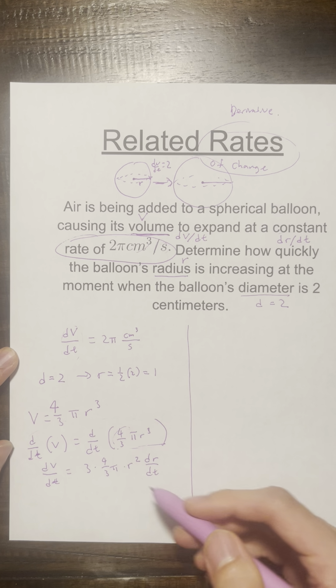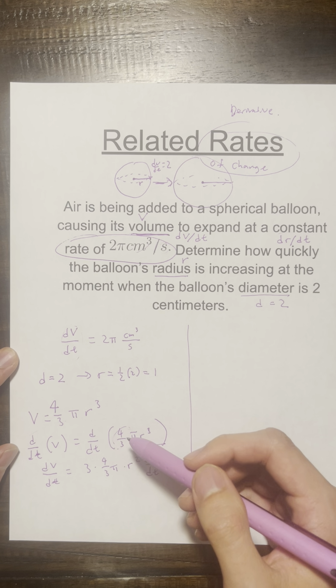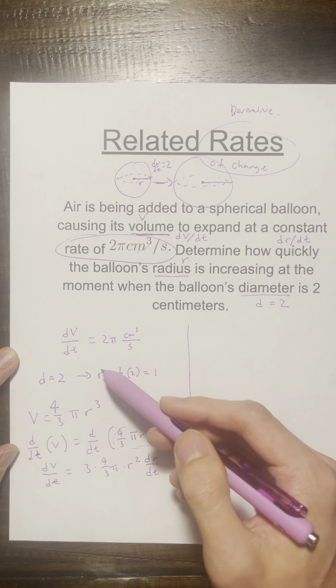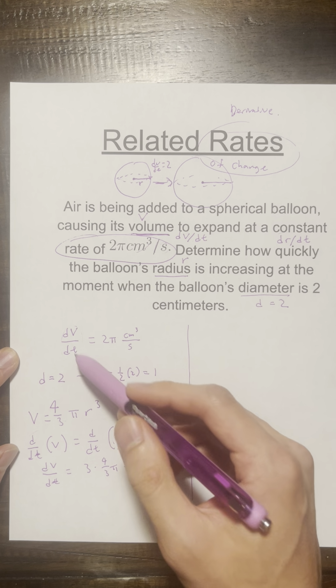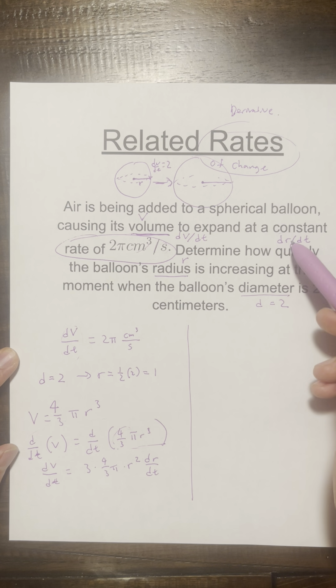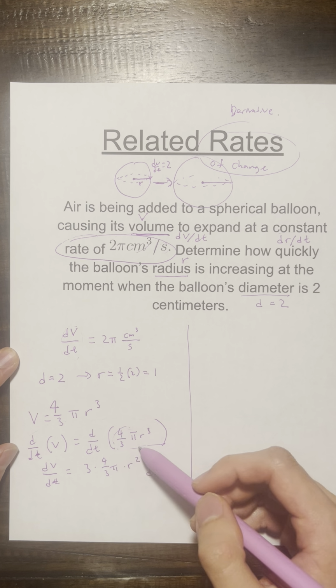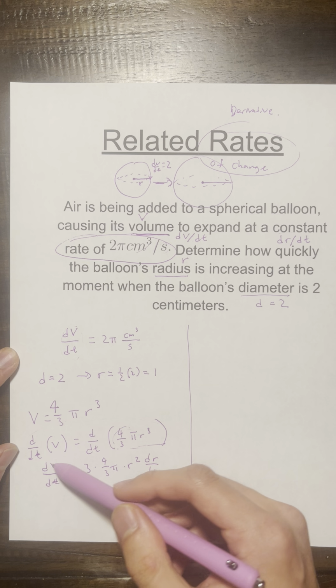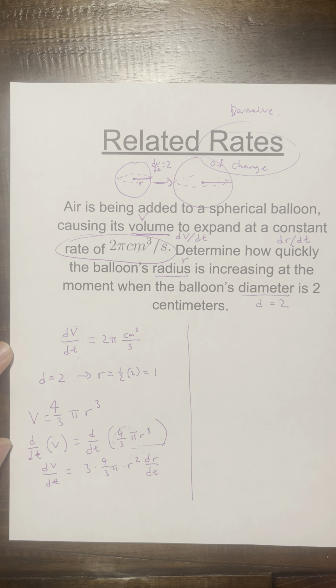So what did we just do? Basically, we had no way to use dV/dt, and there's no t here, right? So we couldn't use this, and we can't find this, because both of these have t in them. But once we took d/dt of both sides of the equation, then we had dV/dt, we have dr/dt now.